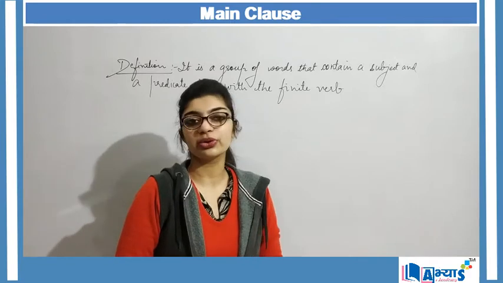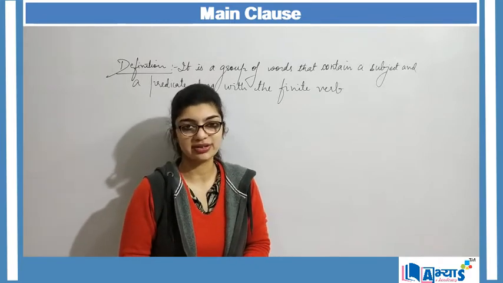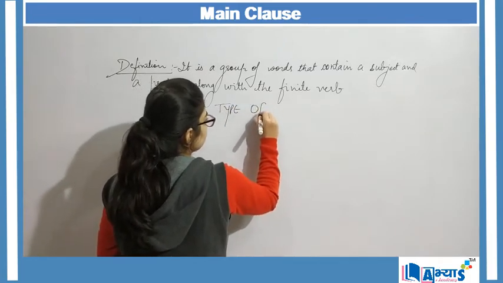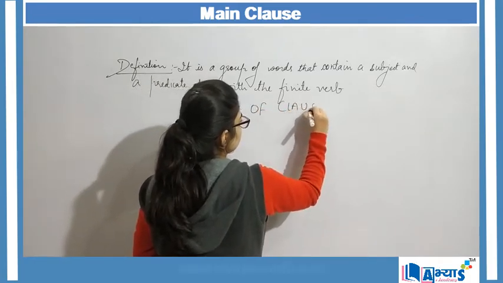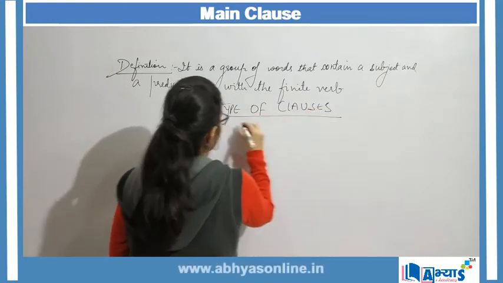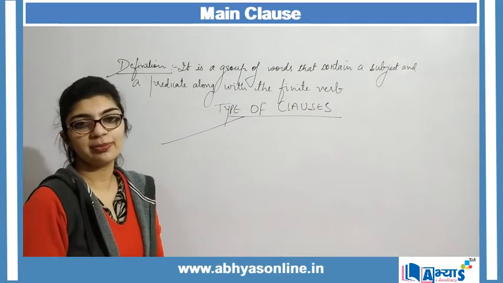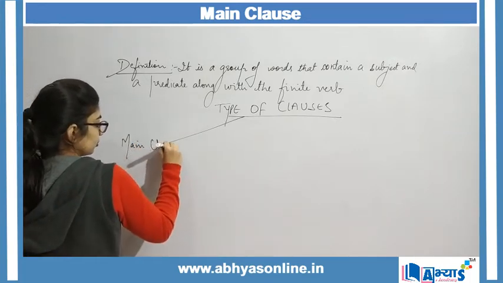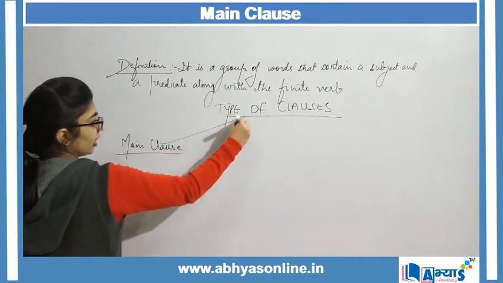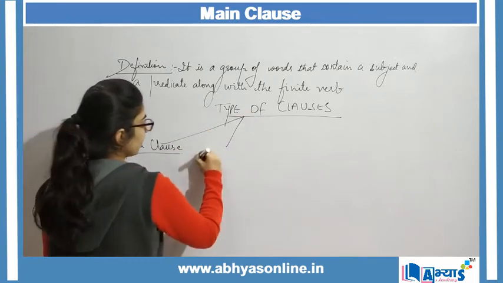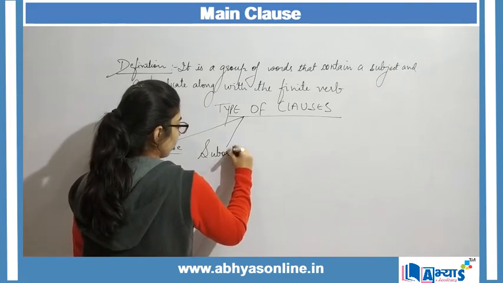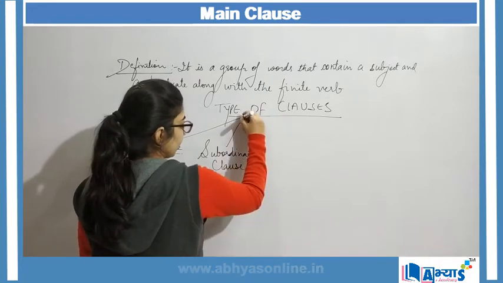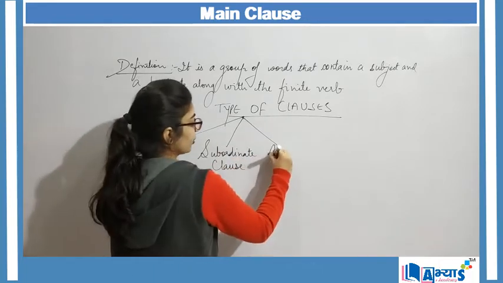Now next we are going to discuss the types of clauses. The first and the most important type of clause is the main clause. The second type is subordinate clause. The third type is adjective clause.